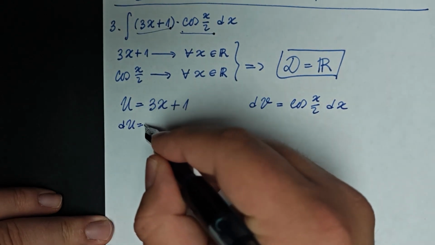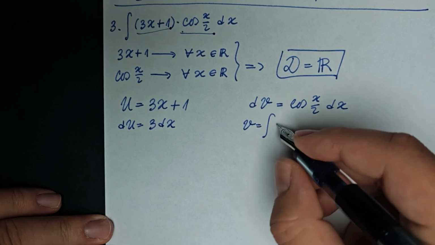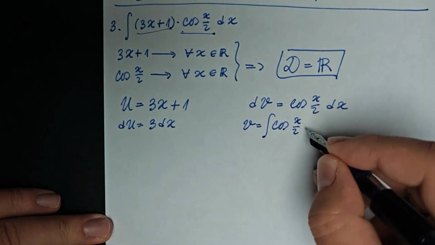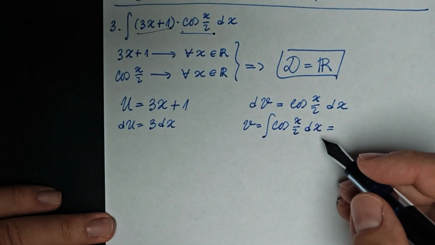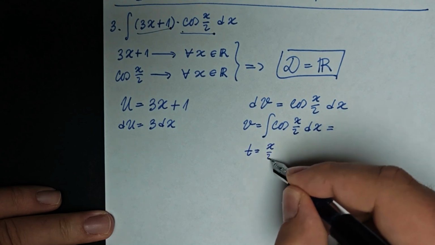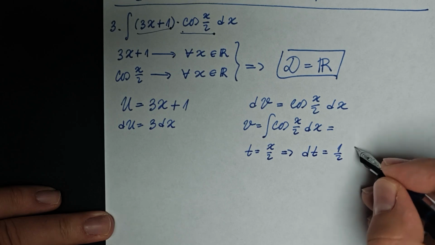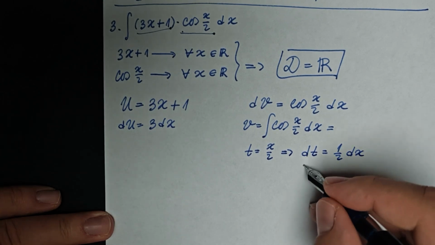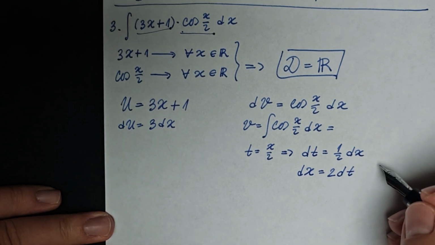Differential of u is going to be 3dx and v is going to be an integral of cosine x half dx. So we are going to introduce the substitution here that t is equal to x over 2, and that means that the differential of t is 1/2 of the differential of x. Differential of x is 2 differentials of t.